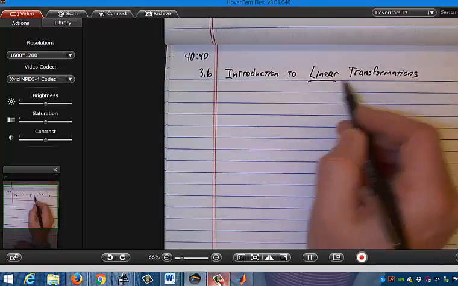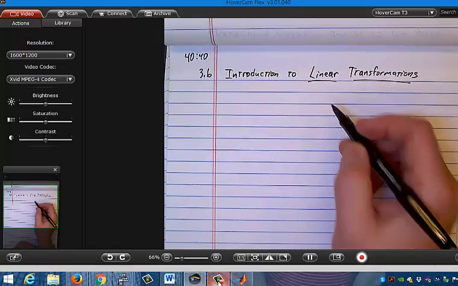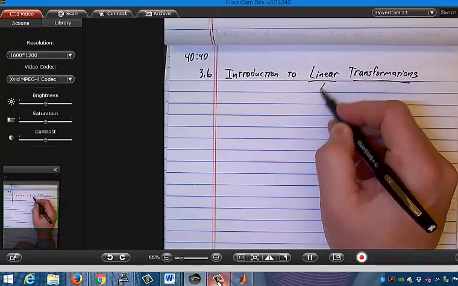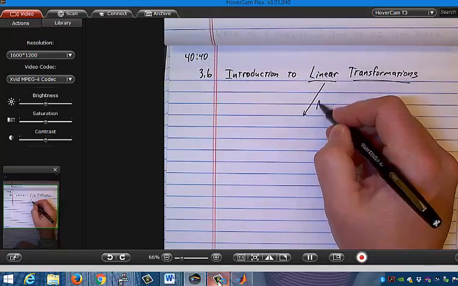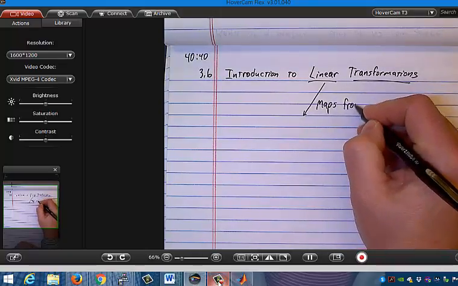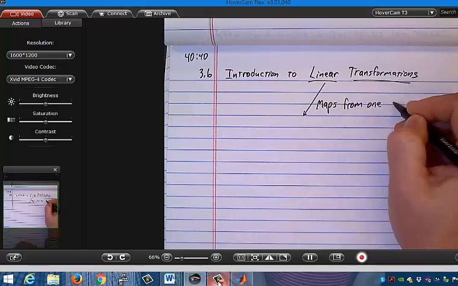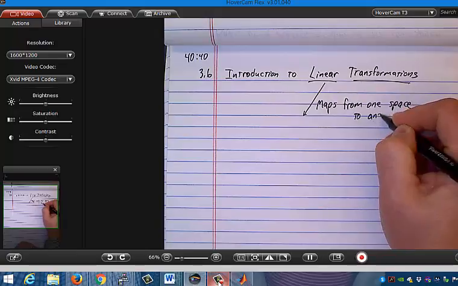So linear transformations, I'm going to let you do the reading for Thursday and understand what they are. But I'm just going to tell you that basically linear transformations are maps from one space to another.